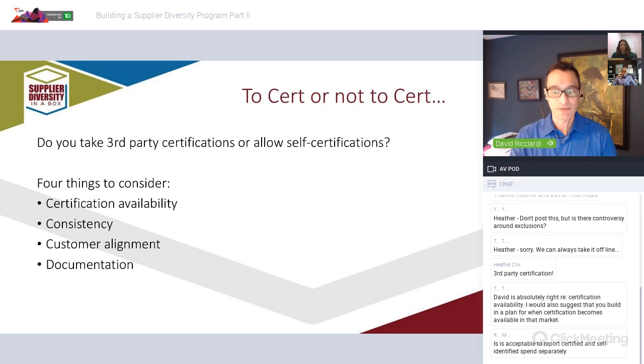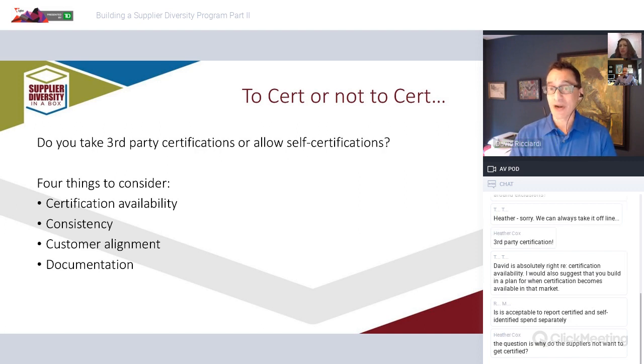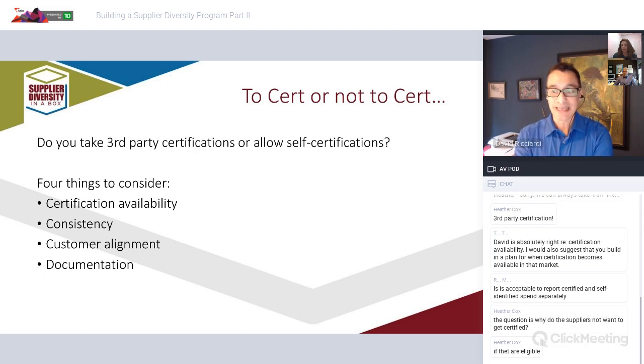Bill used the term qualified yesterday. Suppliers that are eligible for certification, they are diverse, but they don't have an actual certification from a third-party agency. You could break those numbers out separately, provide them together, or break them out. And that does help with the consistency aspect because you're not conflating two different numbers, okay?